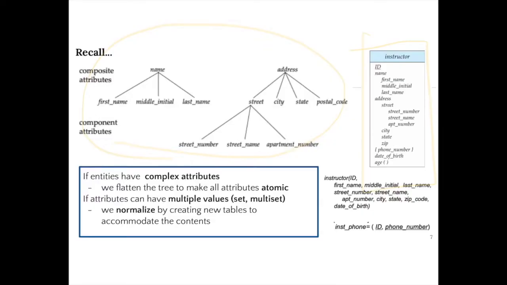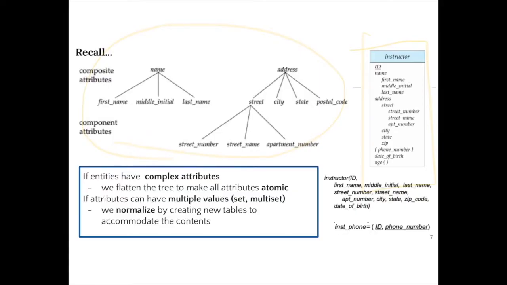Okay, so, using an entity relationship diagram, we can describe composite attributes or complex attributes. And given that description, we can create a table that can address those data types. So kapag we have a composite attribute, what we do is that when we create a table, fina-flatten natin yung mga attributes such that all attributes are atomic.